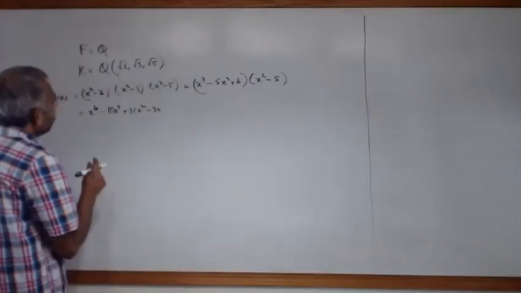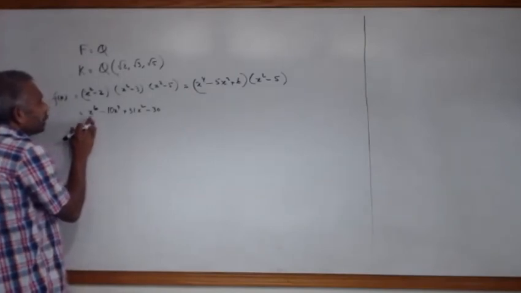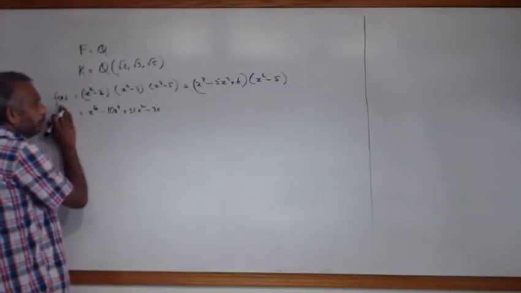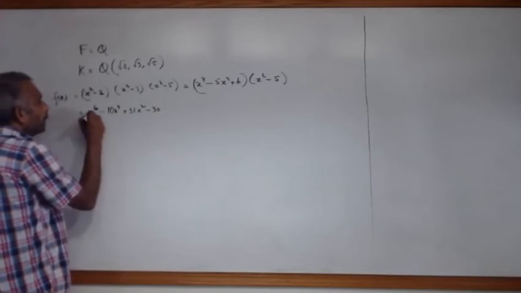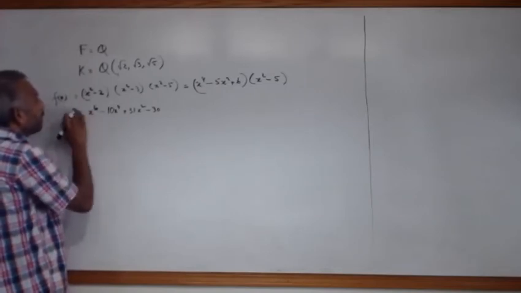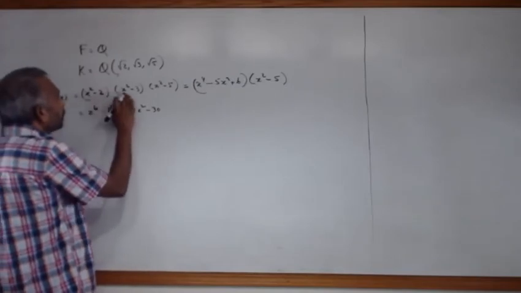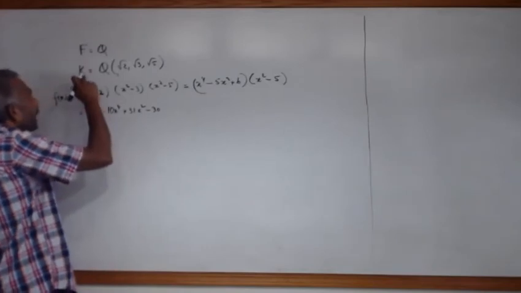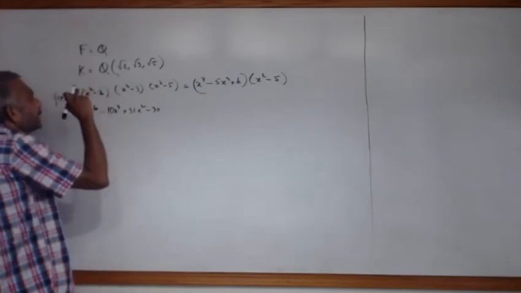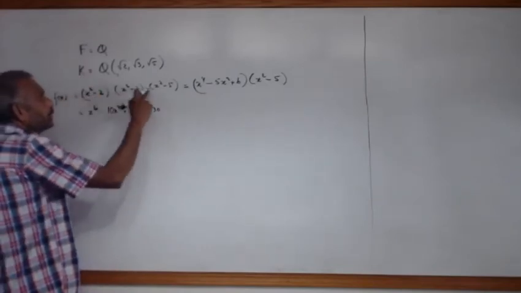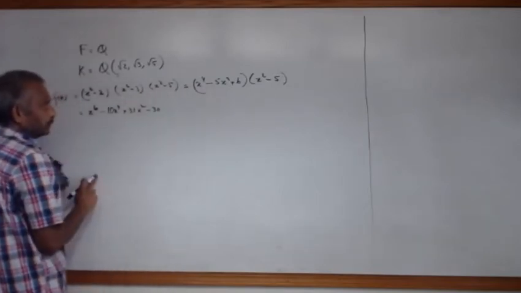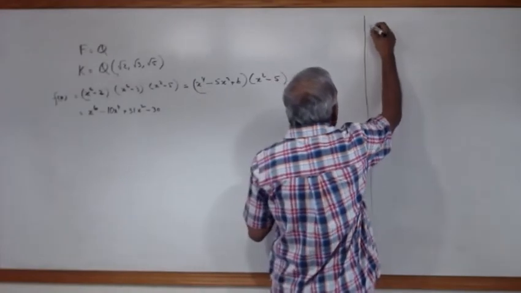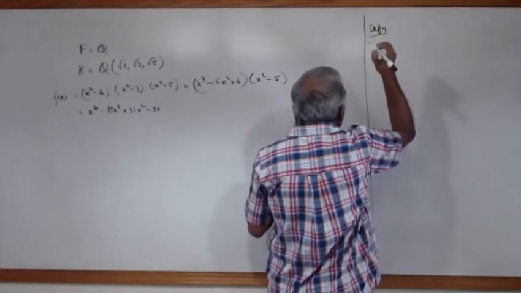So the irreducible factors of f are x squared minus 2, x squared minus 3 and x squared minus 5. And K is a separable splitting field of each of these. So we are going to start a definition here at the same time.